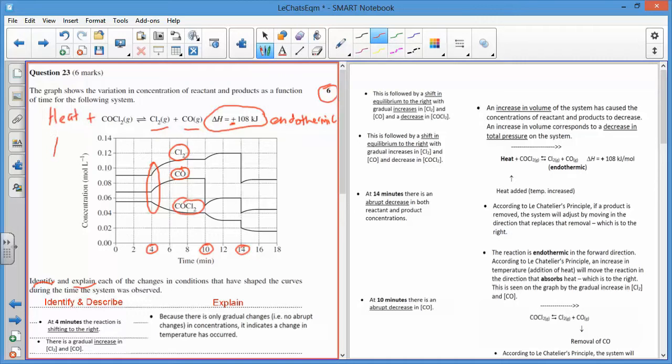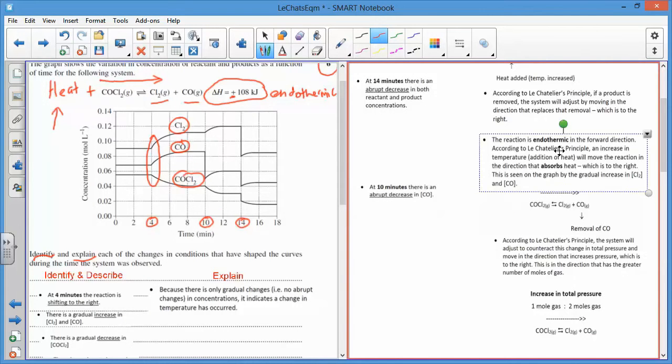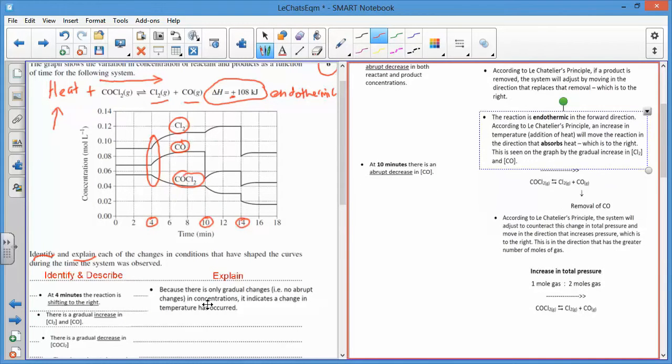By adding heat to the system. If you add heat, according to Le Chatelier's principle, it's going to counteract that increase in heat and drive the reaction in the direction that absorbs the heat. That's evidence here on the graph. So our answer here would be the reaction is endothermic in the forward direction.